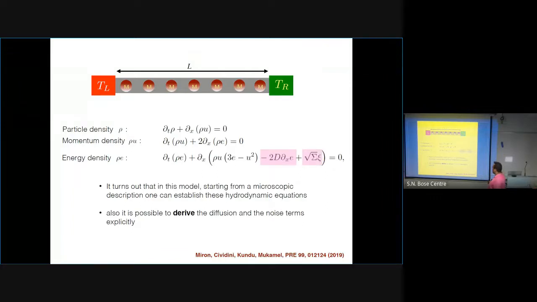For these systems, if you want to follow nonlinear fluctuating hydrodynamics, NFHD, you would write an equation like this. These are the equations that you would write phenomenologically, and you would add diffusion and noise terms. It turns out that we can actually start from a microscopic description and derive these two terms.